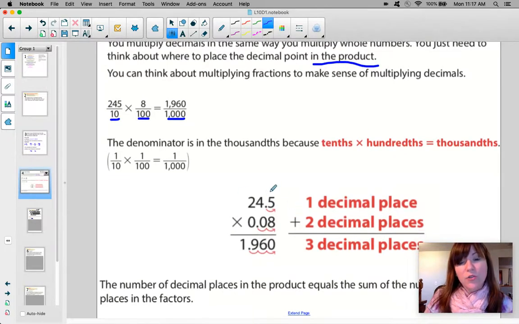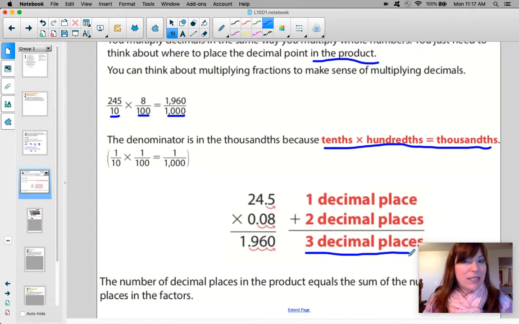You can see that the 24 and 5 tenths has 1 decimal place. And the other factor, 8 hundredths, has 2 decimal places. So you can use a little trick and add those decimal places up to know where to put the decimal point in your product. And just like up here, when we got an answer in thousandths, we get 3 decimal places, which is how many places should be to the right of the decimal point in our answer.